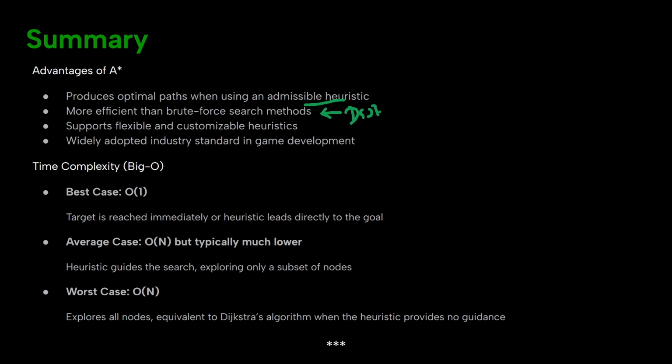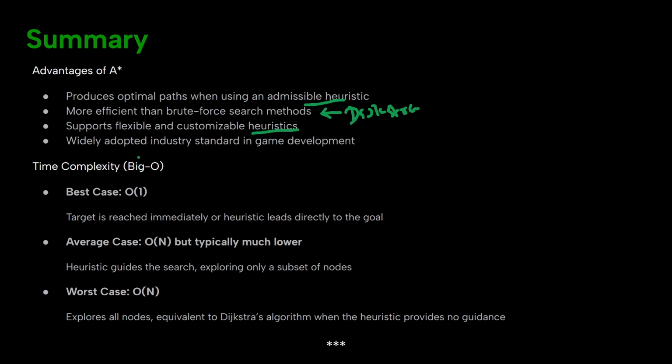Dijkstra gives the optimal path, but it is not as optimized as the A-star pathfinding algorithm. A-star is based on heuristics, which means it is not evaluating the actual distances, so it is much more flexible and faster. And these heuristics are customizable. That's again an important thing, because based on your scenario you can use whatever heuristic you want.